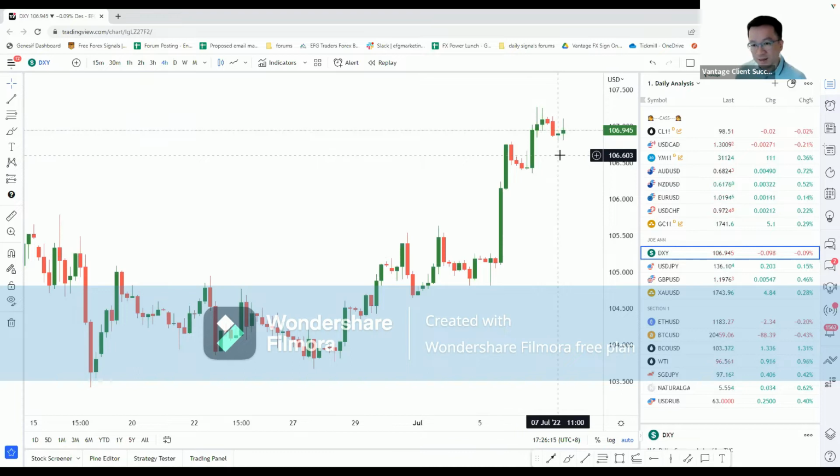Right now, sitting at this 106.94 level. I think that we might not see too much excitement on the dollar index for today as markets stay a bit poised for tomorrow's news events.